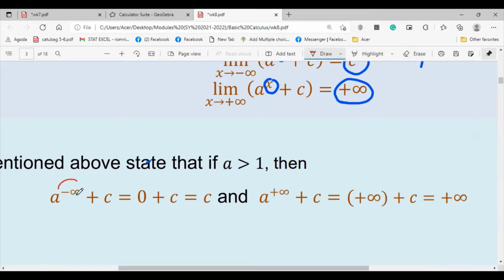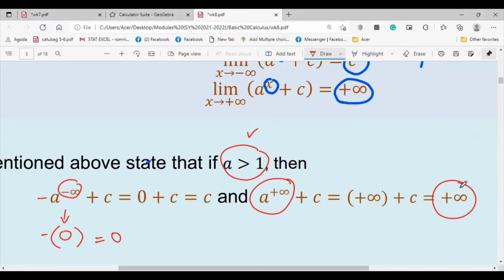Pag negative ang exponent at ang a ay greater than 1, 0. Kahit sabihin mo na negative pa yung a na yan, 0 pa rin yan. Kasi negative times 0 is 0. Pag ang a ay naka-raise sa positive infinity at ang a ay mas malaki sa 1, ang sagot ay positive infinity. And I guess you're now ready to solve the 5 problems.